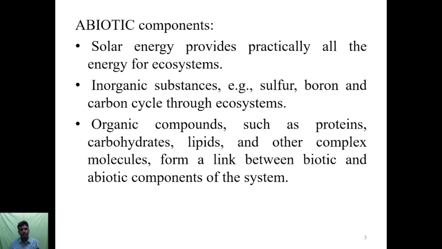Abiotic components. In the ecosystem, solar energy provides practically all the energy for ecosystems. Other than solar energy, we have some inorganic substances like sulfur, boron and carbon that cycle through ecosystems, and organic compounds such as proteins, carbohydrates, lipids and other complex molecules form a link between biotic and abiotic components of the system.